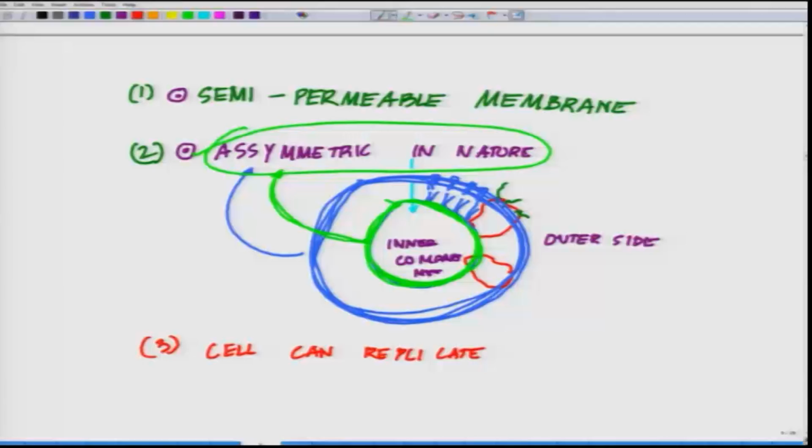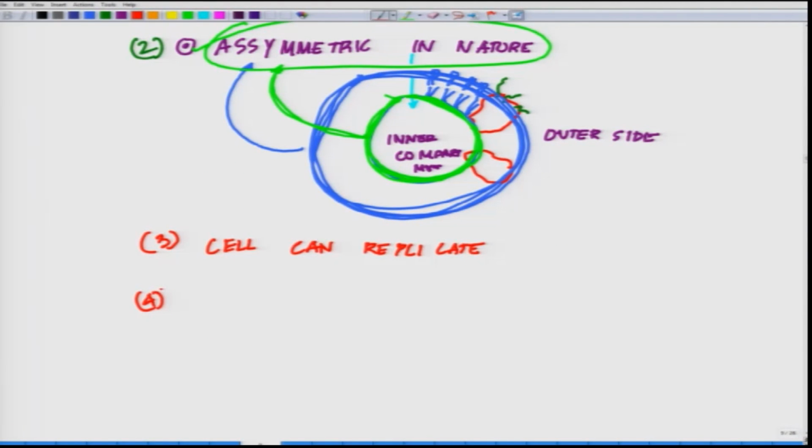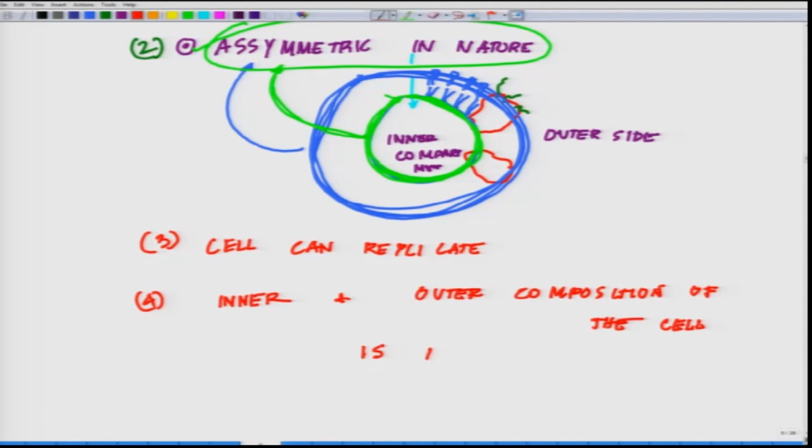In other words, there is a third property of the cell, which is that the inner and outer composition of the cell is different in terms of inorganic salts.